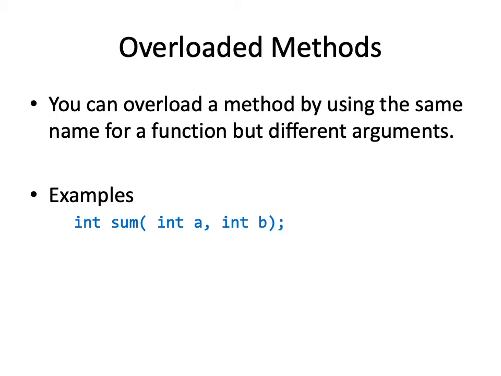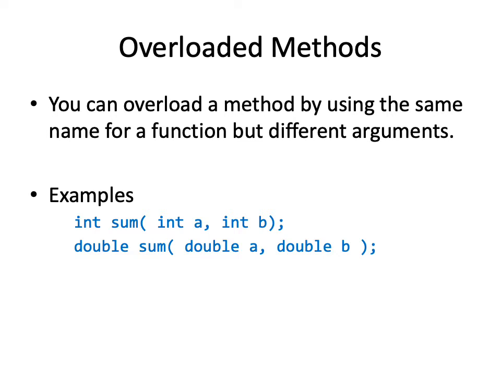So I need to make another function called sum for doubles. It's basically the same function. I'm still doing return a plus b, but now it's doing it for variables of a different type. So what I've done is I've overloaded the sum function. Instead of taking two integers and returning an integer, it takes two doubles and returns a double. So now those are overloaded methods.